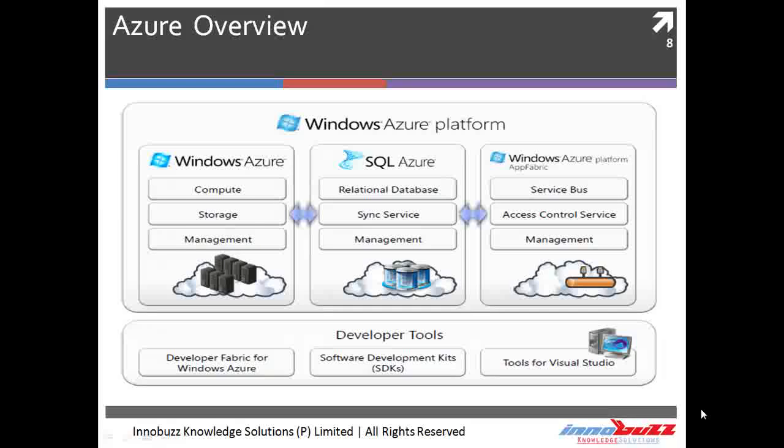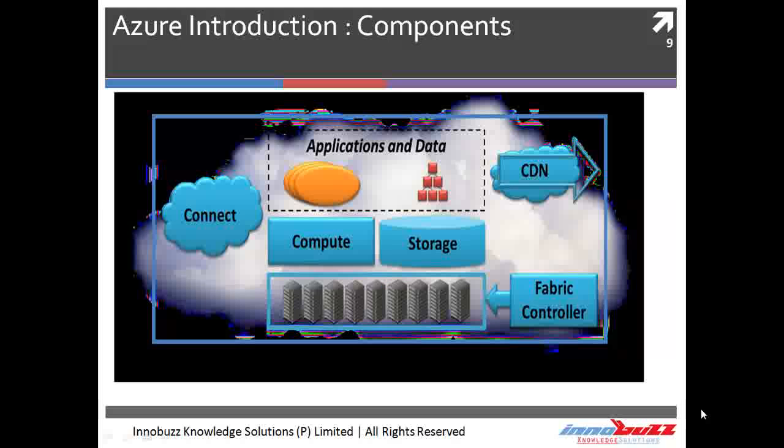As I told you earlier also, Microsoft Azure can be used to support applications and data in a web or in a cloud. Now, to support cloud applications and data, Windows Azure has 5 components which are shown here: Connect, Compute, Storage, CDN and Fabric Control.